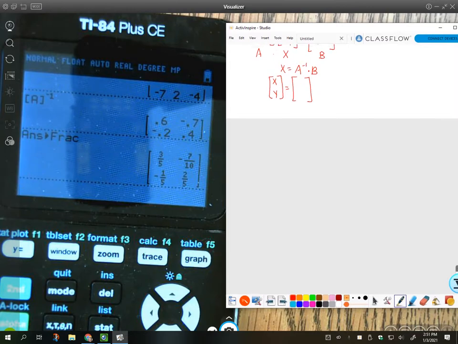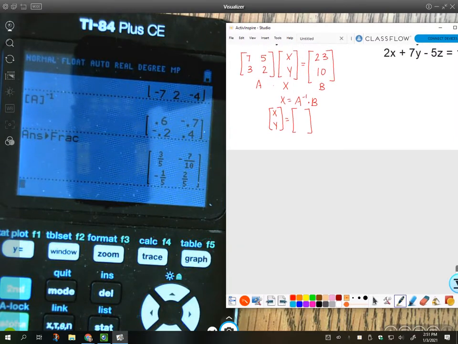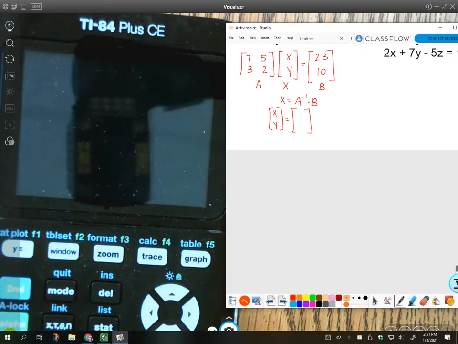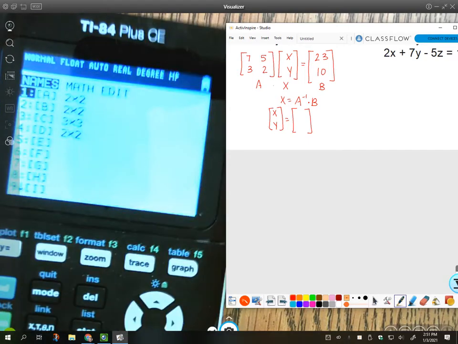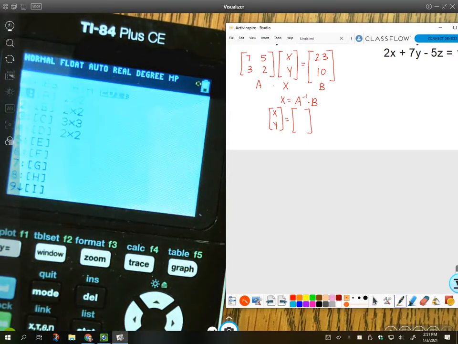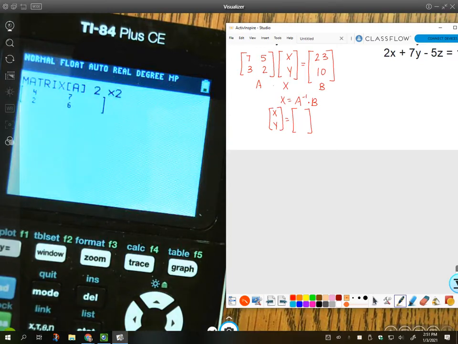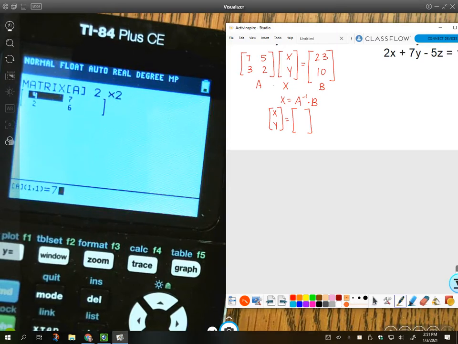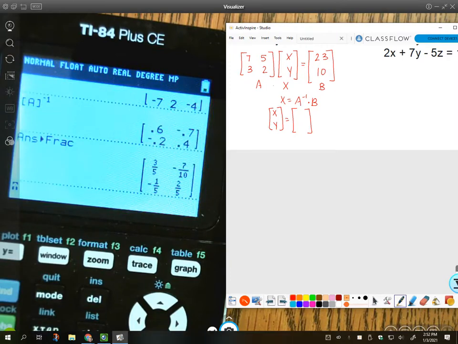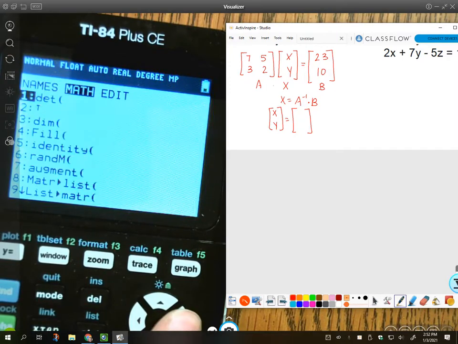Let's first of all make sure we can see the problem. Okay, so in your calculator, go to matrix, over to edit, choose matrix A. It's a 2 by 2 with the elements 7, 5, 3, and 2. Second, click back to matrix, over to edit.